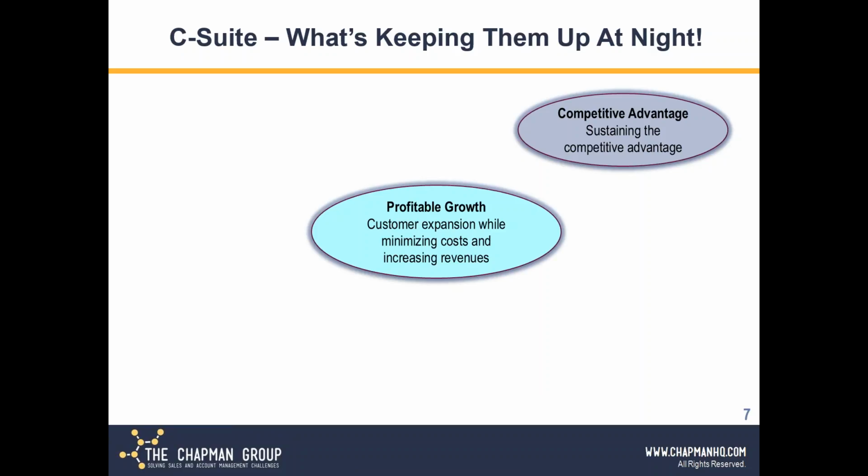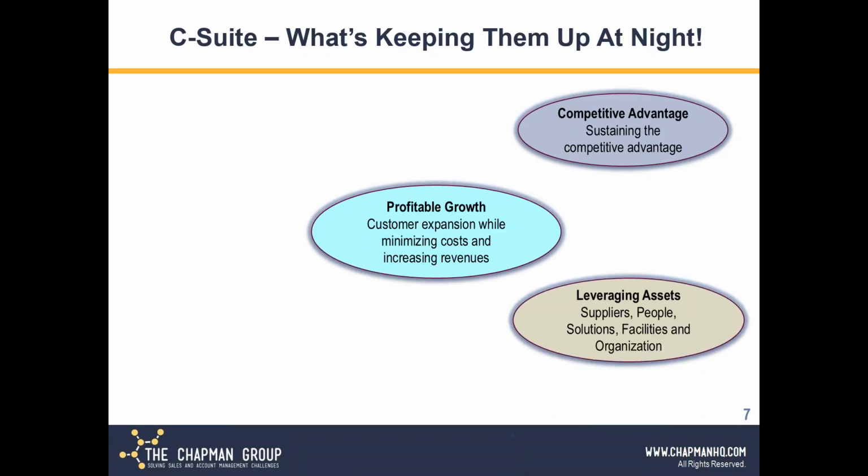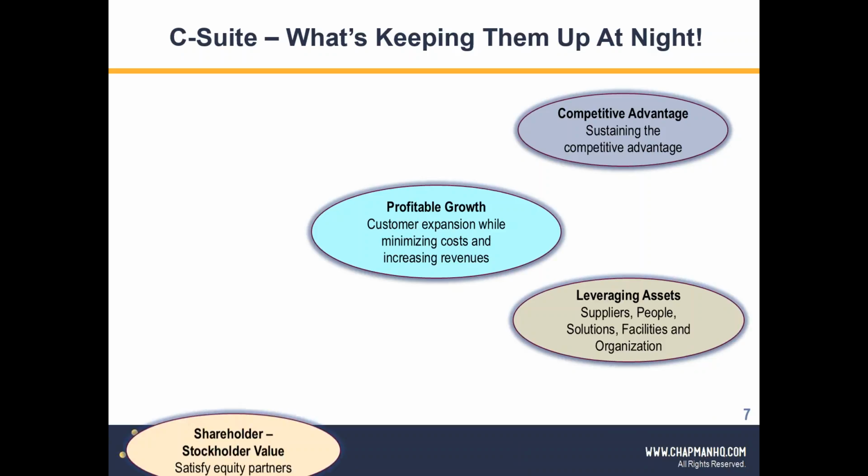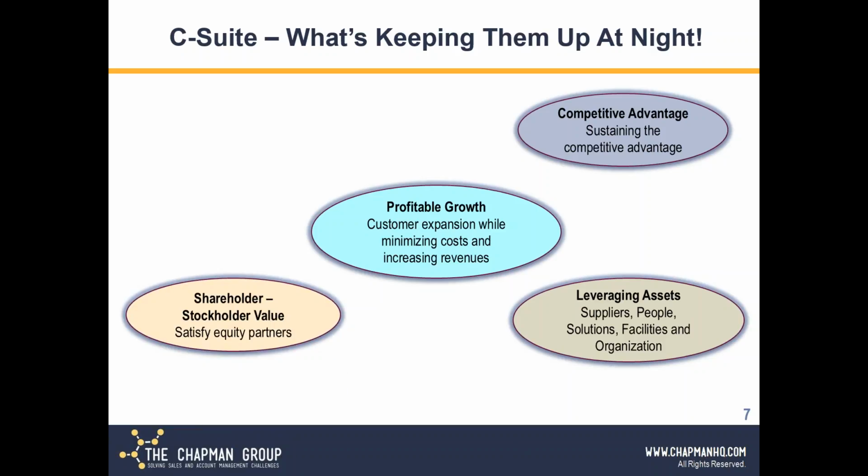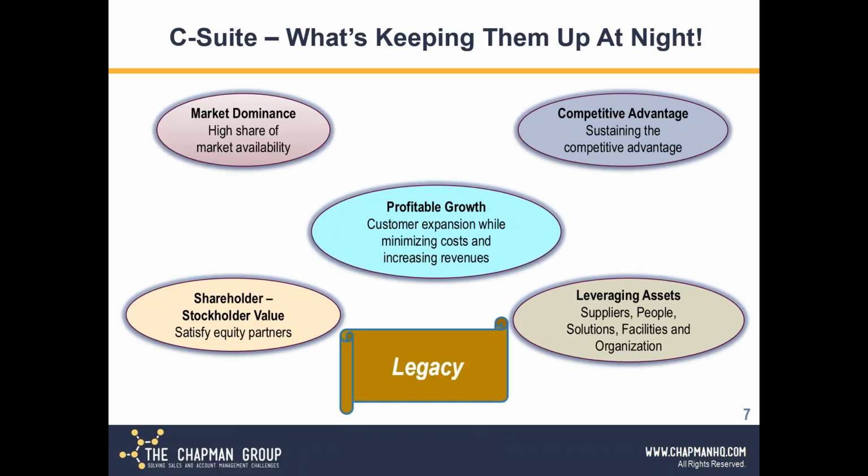Definitely thinking about not just growth, but profitable growth, and quite often about minimizing costs, increasing revenues. Quite often about how they can best leverage their assets, their suppliers, their people. Quite often about how they can better serve their shareholders or stockholders, and how they can sustain that market dominance. And their legacy. What we do know is a lot of people at this particular area may not be in some of these positions for long periods of time, so they would like to make their mark. What is that mark they're trying to make for their organization?